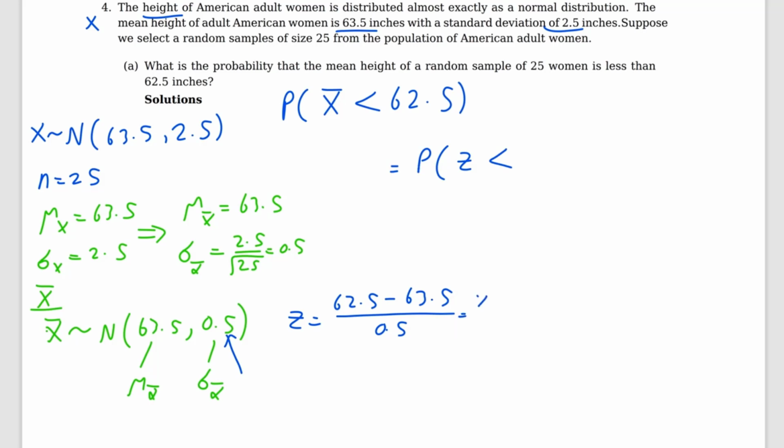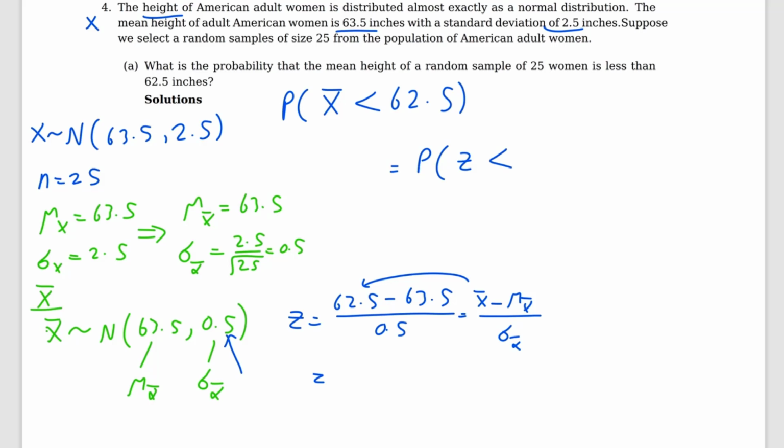Actually what is this? X bar is 62.5, then minus mu x bar divided by sigma x bar. Okay, let's make sure that is the one we use, right? So then this is 62.5 minus 63.5 divided by 0.5 is what?